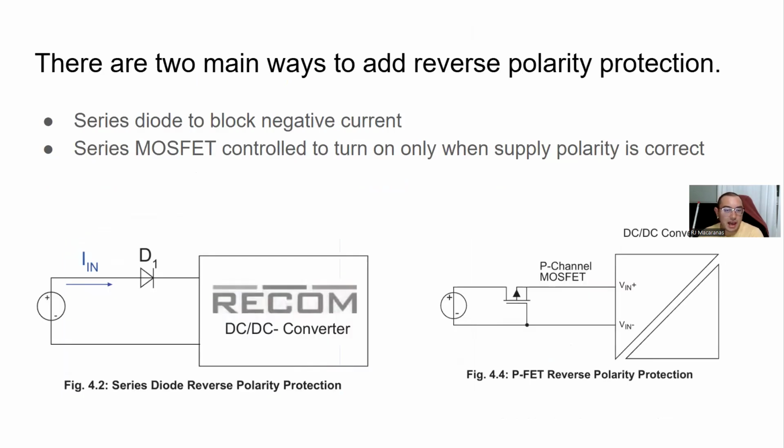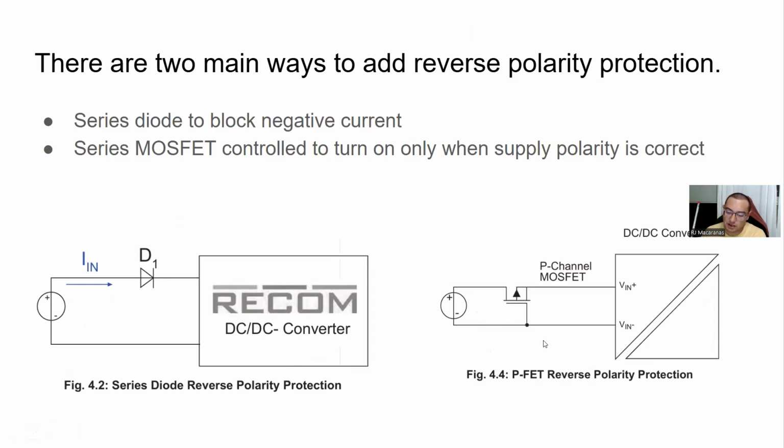There are these two main ways to add reverse polarity protection, and they often just require some kind of series element that prevents any kind of current from flowing when we've got reverse polarity at the input. So first off, we have the series diode here on the left, where it's going to be blocking current whenever polarity is reversed because of how diodes behave. And then on the right here, we have a series MOSFET.